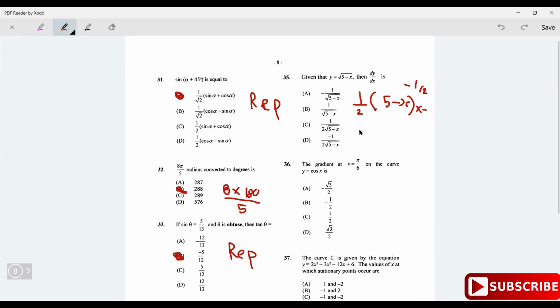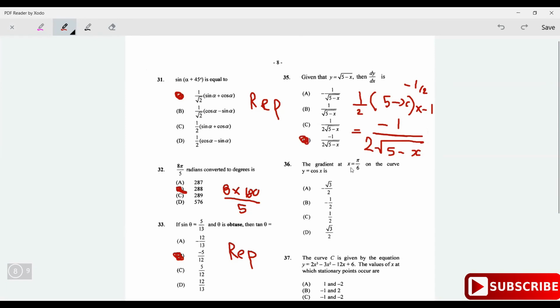And so what you get works out to be minus 1 divided by the square root of 5 minus x, and it's being multiplied by 2. So you have minus 1 over 2 times the square root of 5 minus x, which is D.